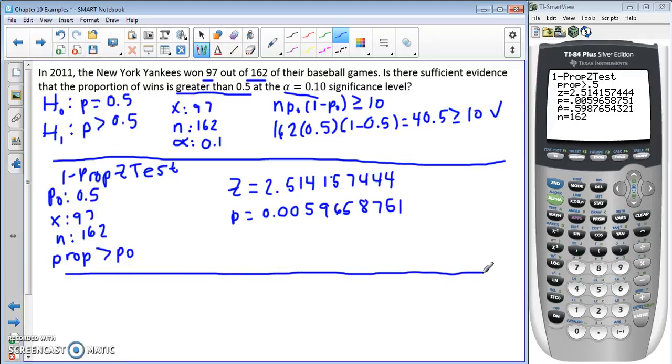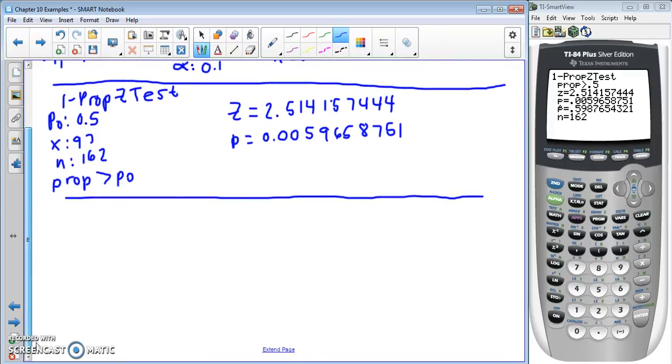So now that we have our important values, we can go on into our p-value approach and then our classical approach. So p-value approach, we're going to compare the p-value to alpha.